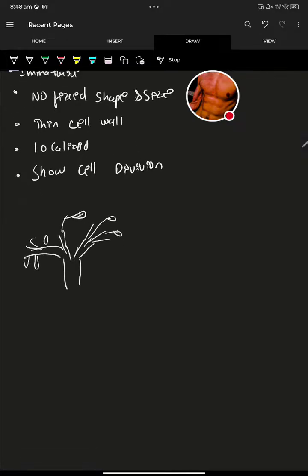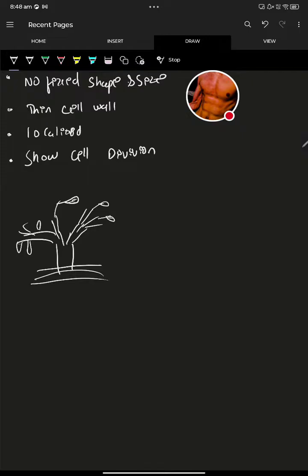So meristematic tissue, if you look at this plant, first is at the leaves, at the tip of the leaves, A for apical meristematic. You can remember A is the start of the alphabet, and at the start there are leaves. So apical is the top of the leaves.